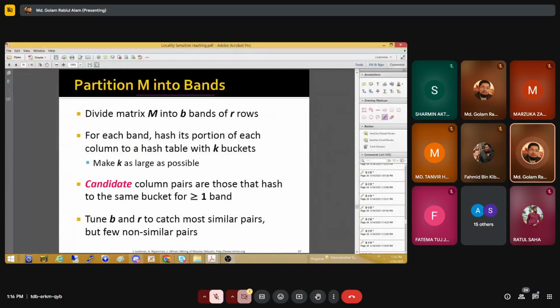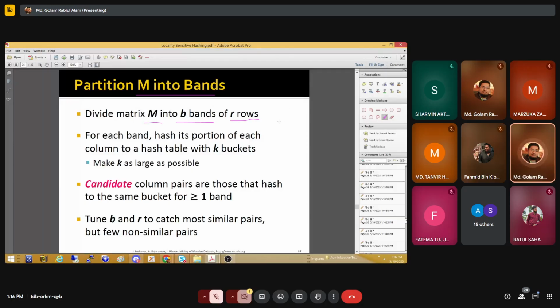In that case, we have to divide the signature matrix into B bands, and each and every band will have R rows.